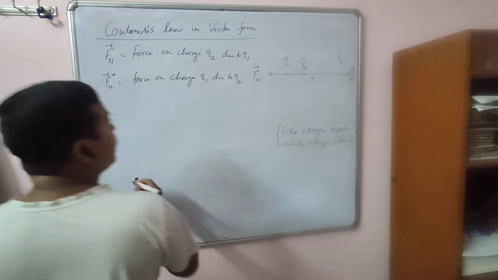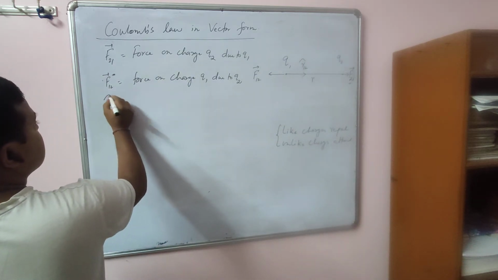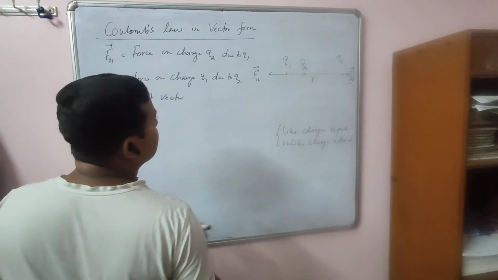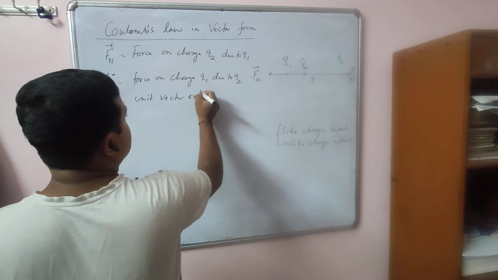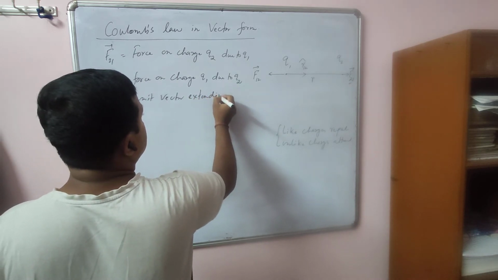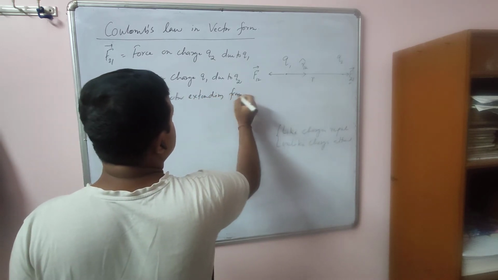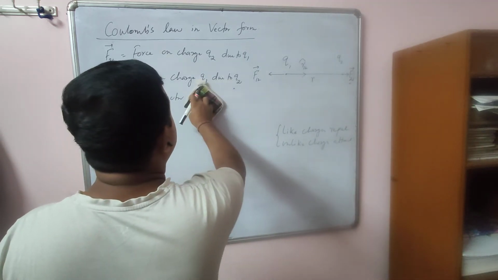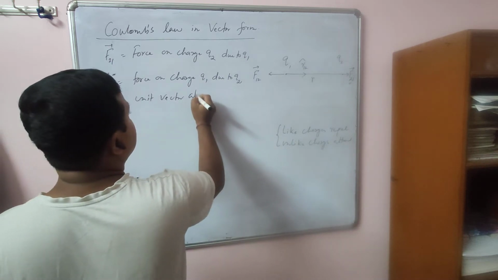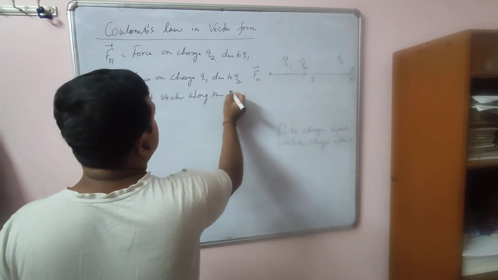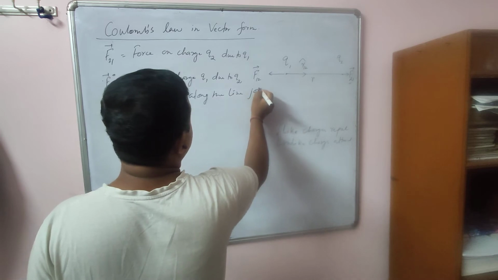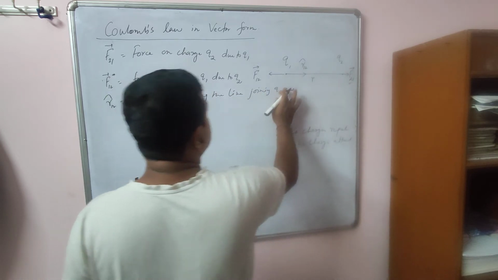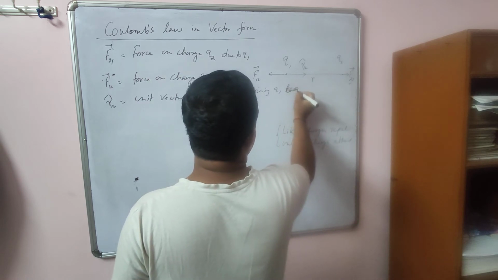So for this we use the unit vector R12, the unit vector along the line joining Q1 to Q2.